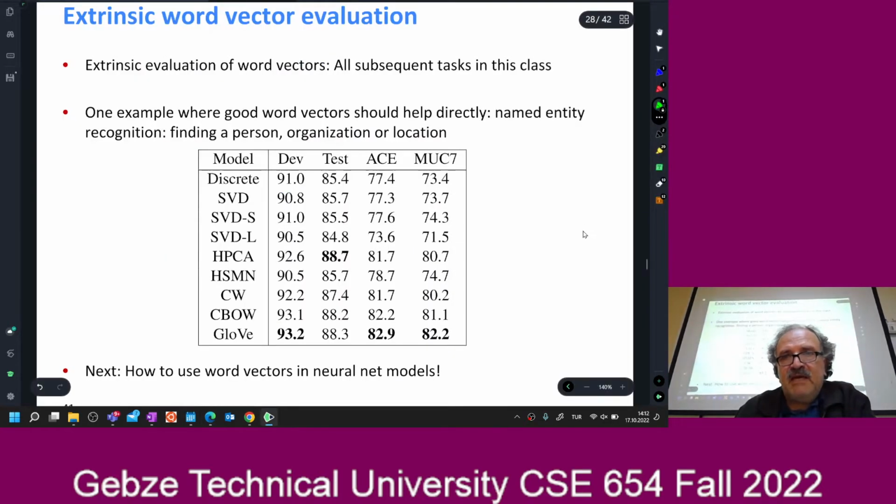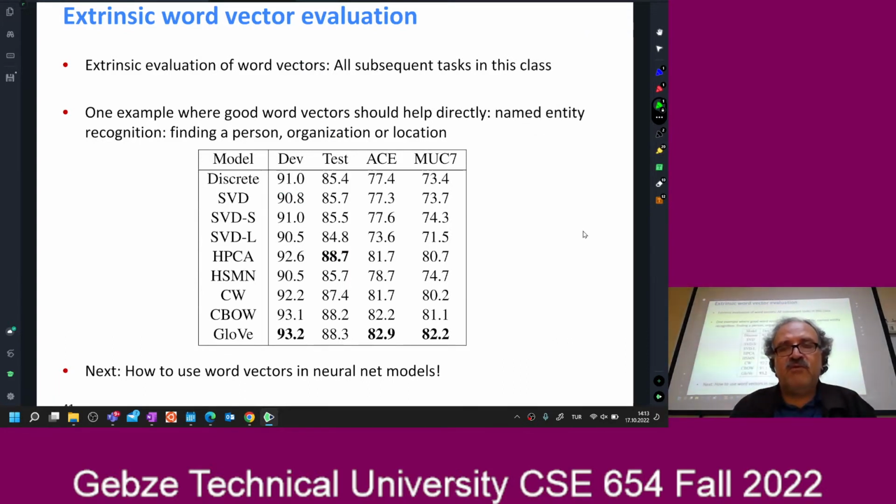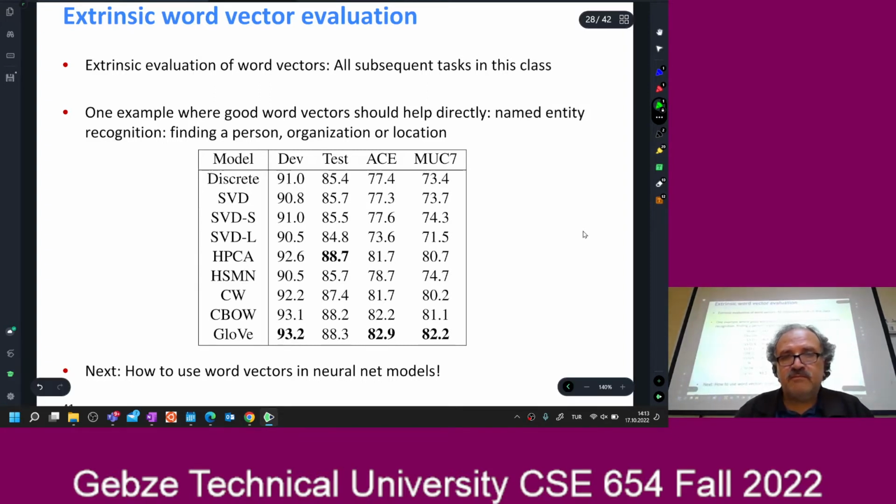Okay, and this named entity recognition, as I talked a little bit before, is finding the persons, organizations, dates, locations in a given sentence. Okay, this is a location, this is something, etc. It is called named entity recognition. And if I use my system's word vector representations in this named entity recognition system, these are the results that I am getting, and it looks like I am doing very well with GloVe.